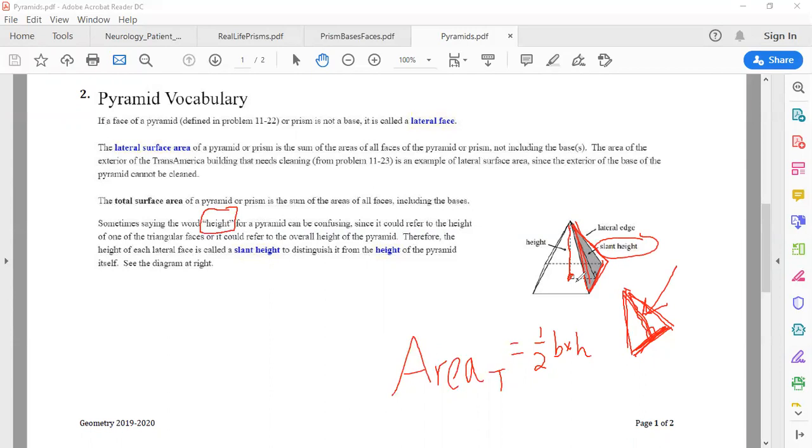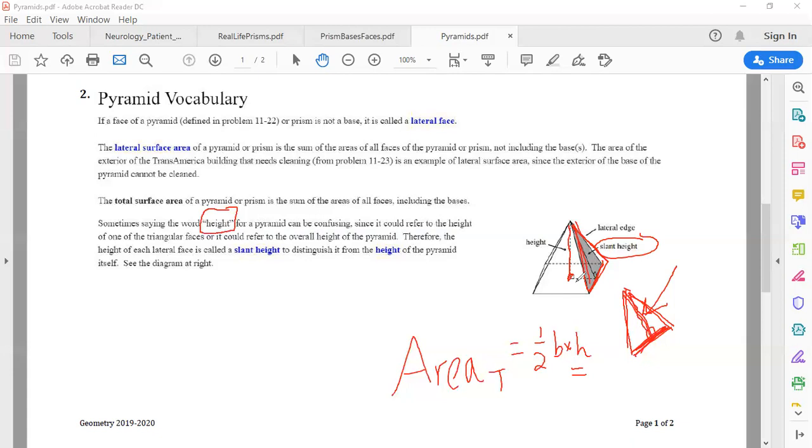The slant height. And think about it. The triangle here is slanted, and we need that slant height or altitude to calculate the area of our pyramid. Okay, so slant height is different from height. So you need to make that distinction.